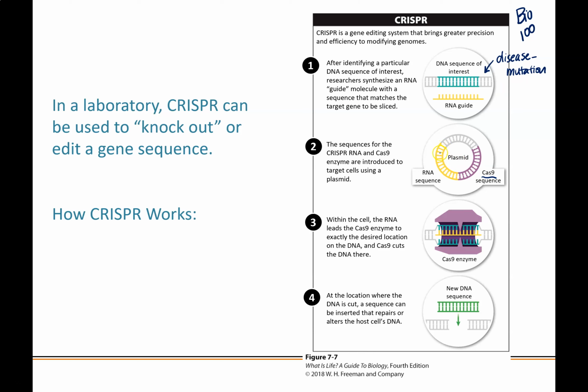So this RNA sequence that is very, very similar to the actual gene in those mice that's causing the disease recognizes the DNA sequence. And the Cas system, which is a helicase plus nuclease, opens up the DNA and then cuts it.